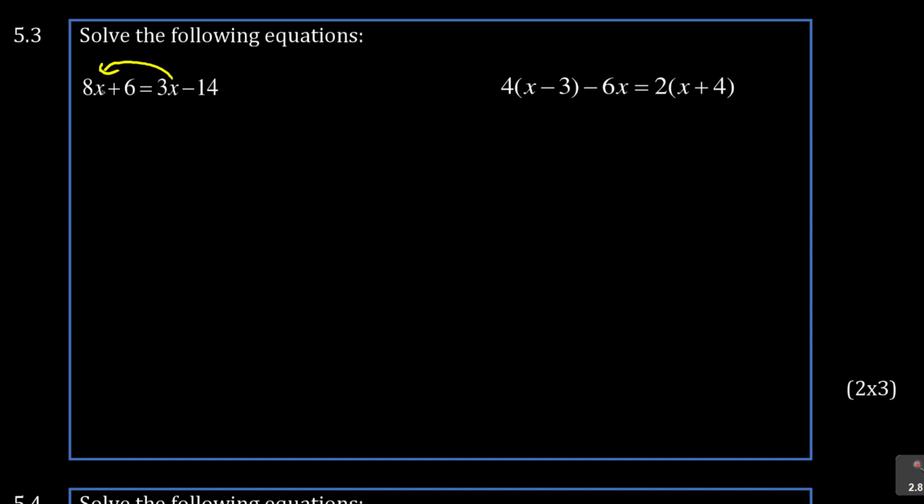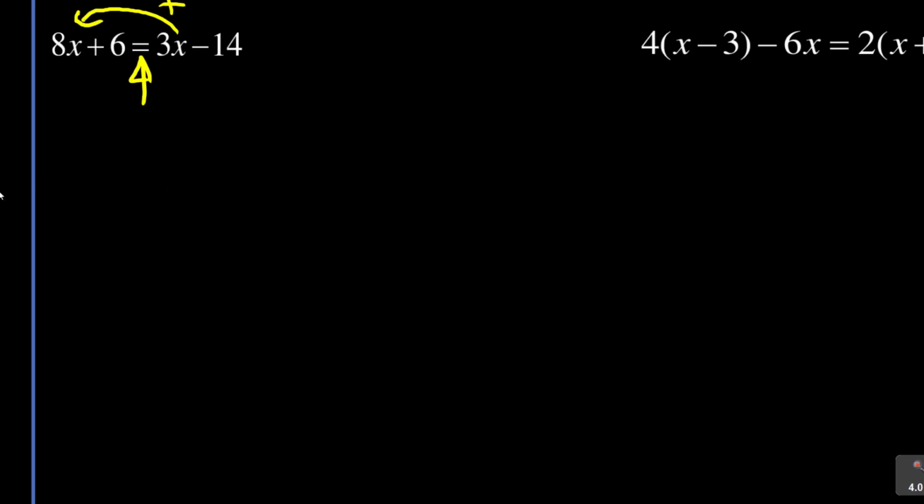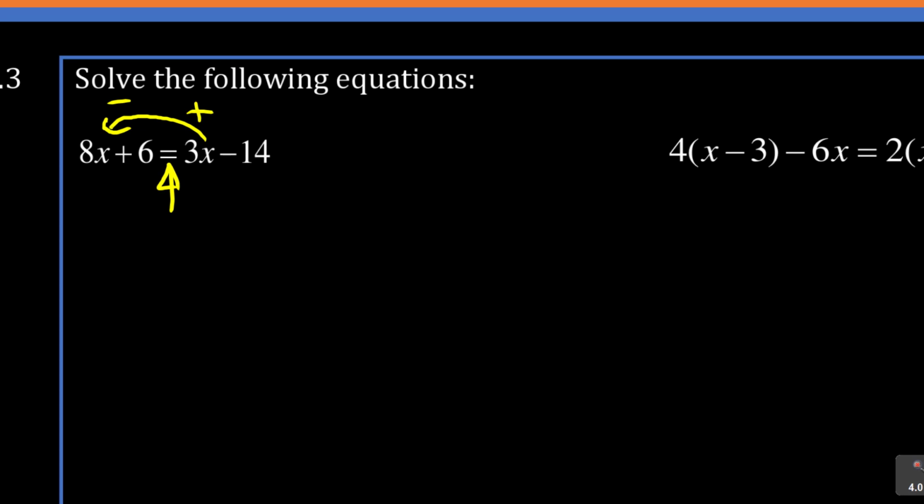It was positive, it will become negative, because of the equal sign. Also, look at 6. The 6 also must join the number 14 there. So it's positive, crosses the sign, it becomes negative. Those are things that you must be careful of.